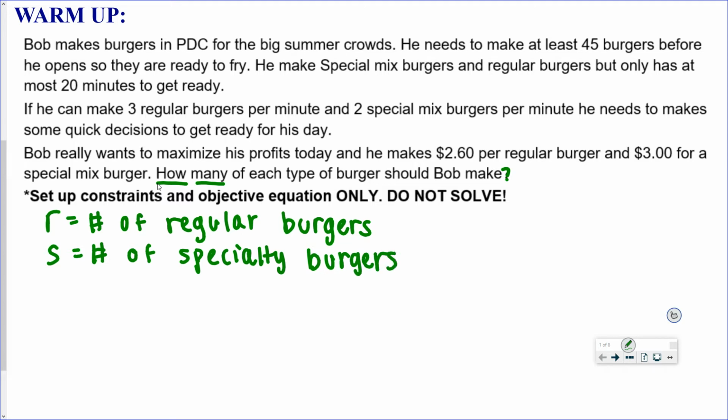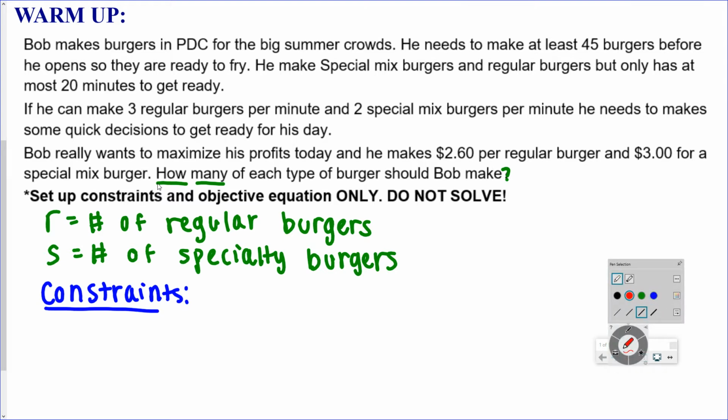Okay, so it says set up constraints and objective equation only. Don't solve. So I'll do my constraints over here, and I'll do my objective over here.